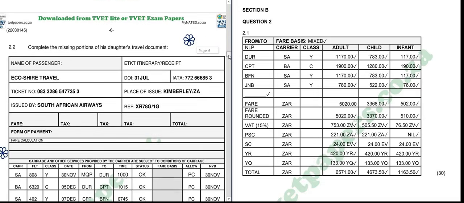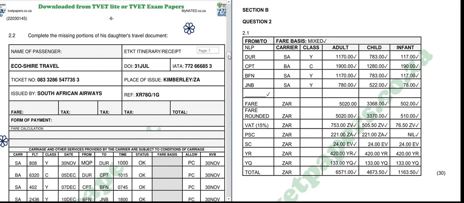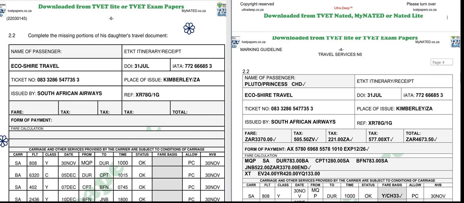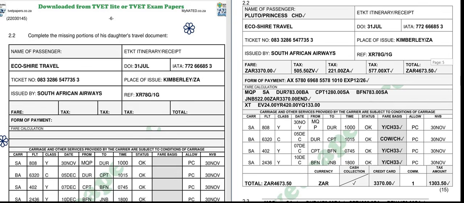Moving on to our question 2.2, we have to complete the missing portions of this data structure document. This is the information we have on the marking guideline.